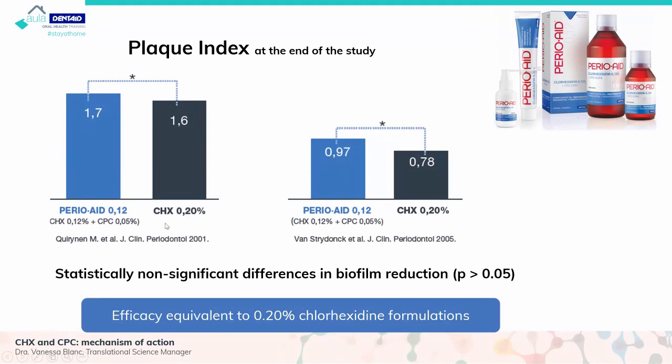with alcohol. Here you can see the studies. The researchers could not find statistically significant differences in the biofilm reduction. So we have an efficacy equivalent between these 2 formulations.